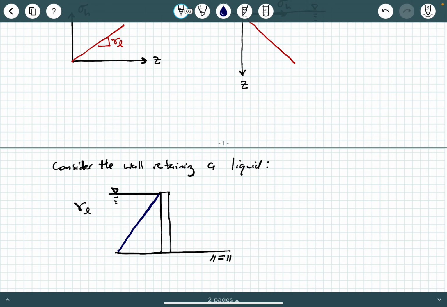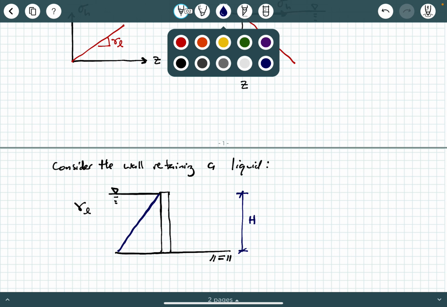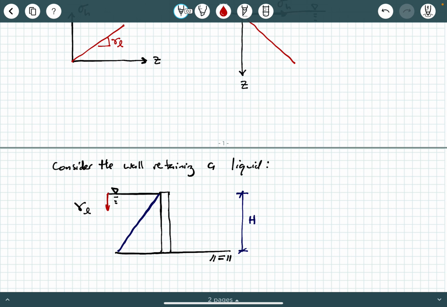And so let's call this dimension right here H. And let's say that this is our z-axis going down, okay? So you notice as we get deeper and deeper below the surface of the water, that pressure is increasing linearly.